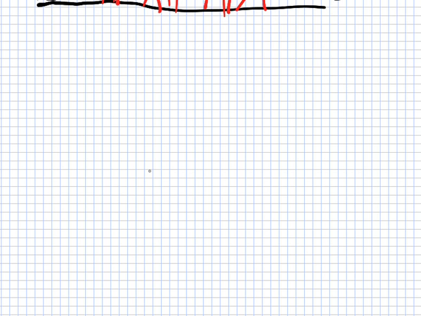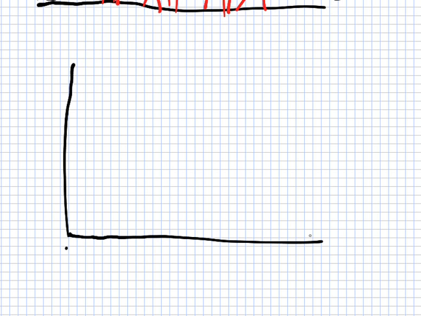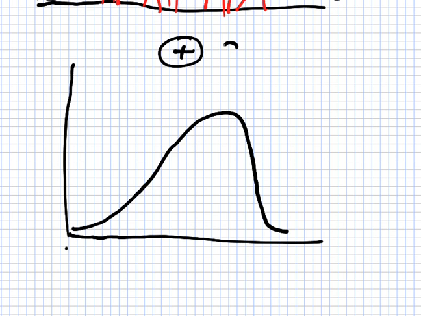Okay, there's two more to have a look at. So sometimes your histogram might be imbalanced, so it could look something like this. Okay, this one here, we say it has positive skewness.